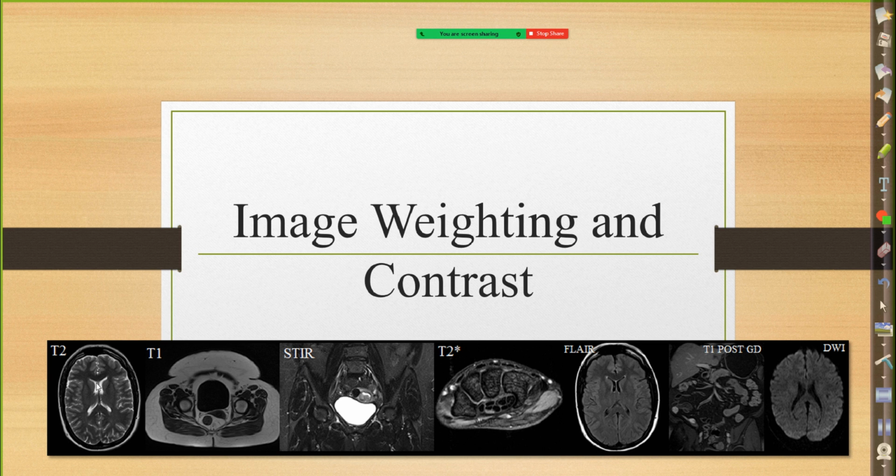We have a T2, a T1, a STIR, which is short for short tau inversion recovery, a T2 star, and the star is a little bit different from just a normal T2 because this is acquired with a gradient echo pulse sequence, a FLAIR, which is a fluid attenuated inversion recovery, which is great for detecting MS lesions, a T1 post-gadolinium, because we know gadolinium really helps increase our contrast in tissues so that we can see cancers and other pathologies a little bit better. And then a diffusion-weighted imaging, which is great for visualizing acute strokes.